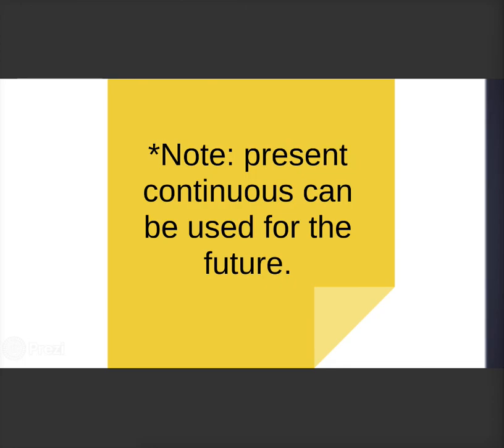An example is I am going to the party tonight. Entonces usamos el presente cuando vamos a hablar de futuro, pero un futuro muy cercano. Like tonight, tomorrow, máximo mañana, algo que es muy cercano. So for example, I am eating a hamburger this evening.